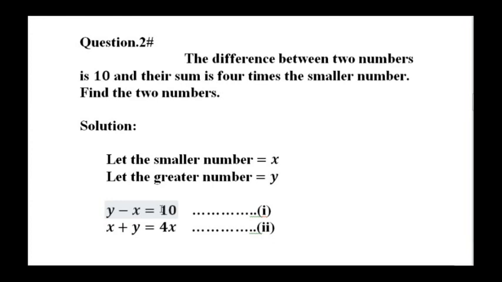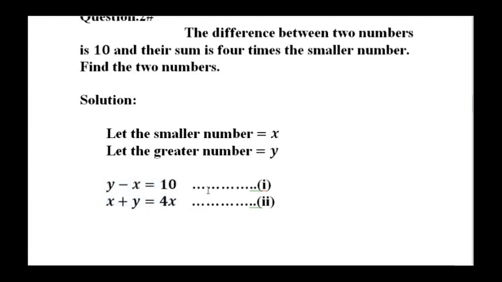In this equation, y represents the larger number and x represents the smaller number with a positive difference of 10 between them. According to the second condition, the sum of the numbers is 4 times the smaller number. Therefore, we can write the equation x plus y equals 4x, where 4x represents 4 times the smaller number x.